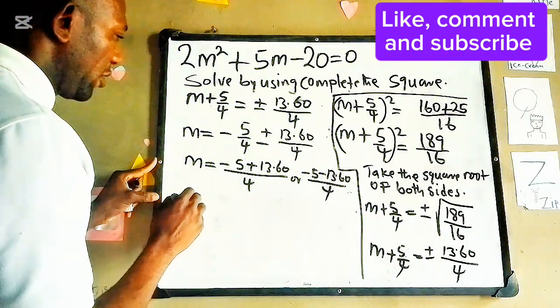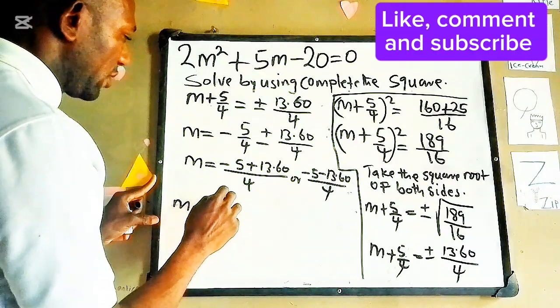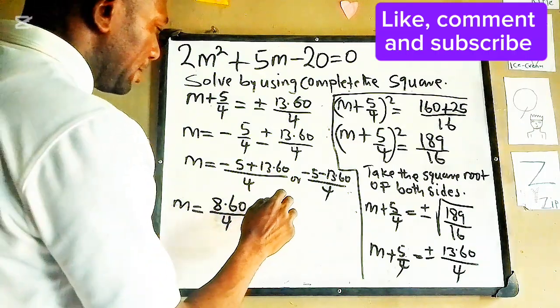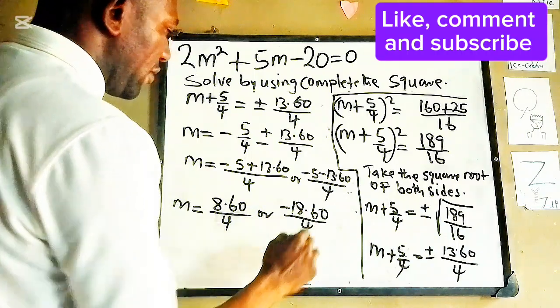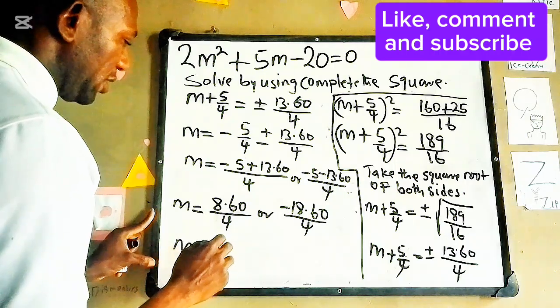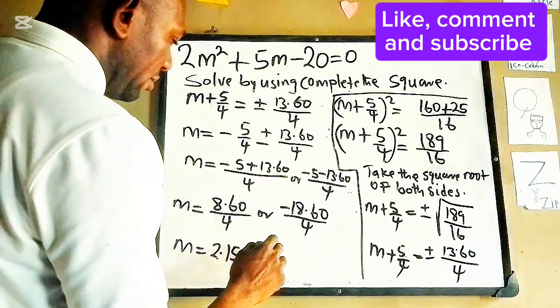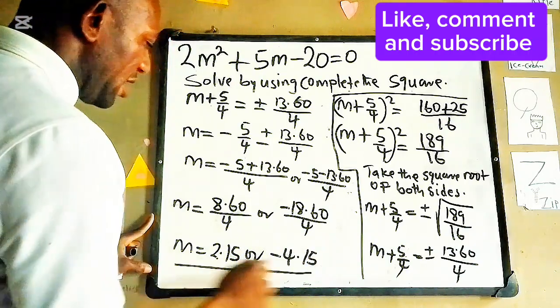Therefore m equals, this will give us 8.60 all over 4, or minus 18.60 all over 4. So m equals 2.15 or minus 4.15 as the final value for m.